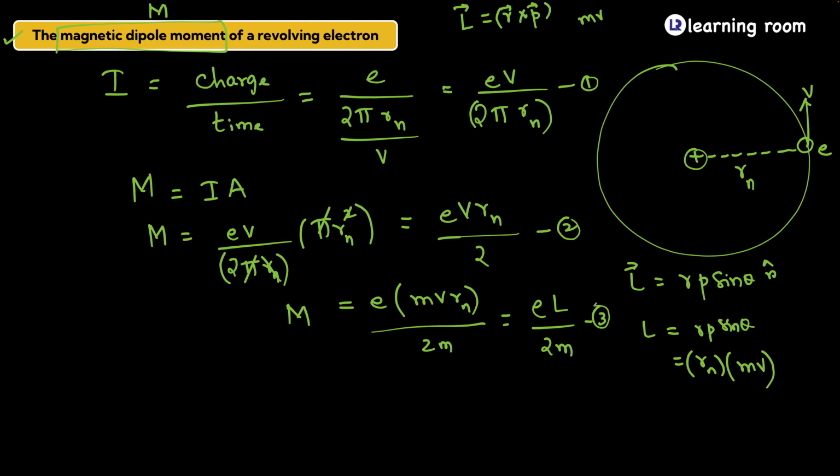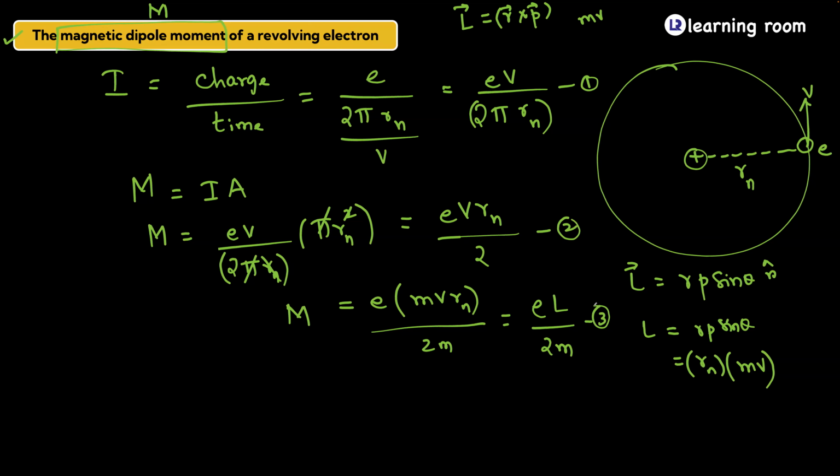Second step, what did we do? We wrote the mathematical formula for magnetic dipole moment, which is current multiplied with area. So current, I took it from the first equation and substituted here. Area is pi r square. I wrote the same thing. R will get cancelled, pi will get cancelled. So you will be left with E into V into Rn, the whole divided by 2. From this, it is not possible for us to calculate the speed.